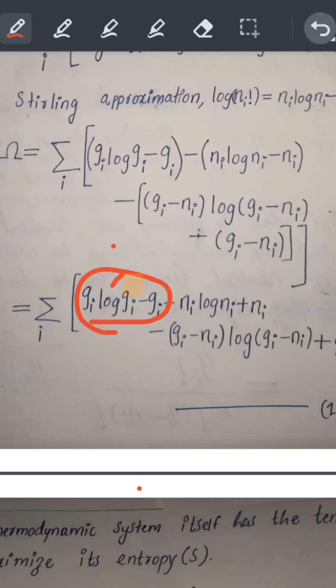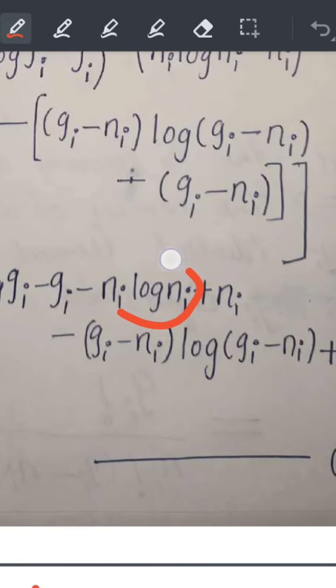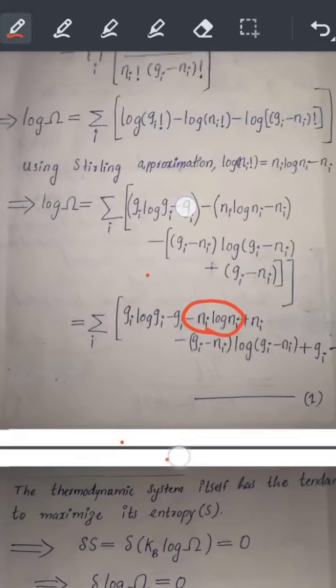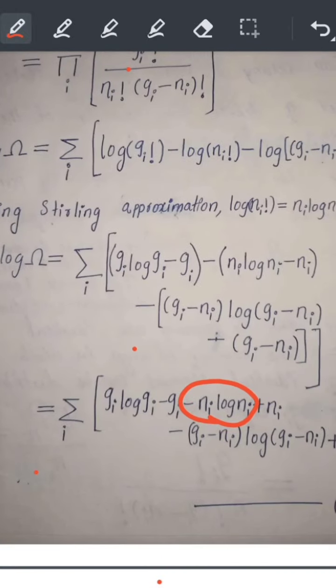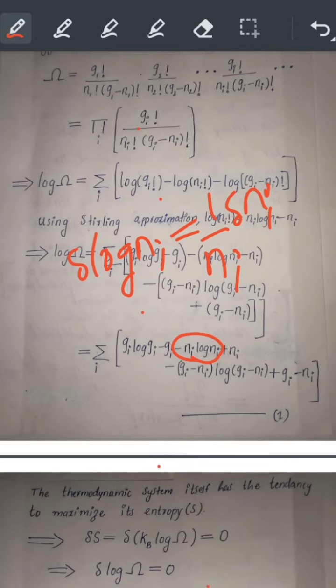And the next thing is this ni log ni. So you have minus ni log ni, and you can take the differential of this by using the product rule of derivatives. The differential of log ni is 1 by ni delta ni, because the derivative of log x is 1 by x.